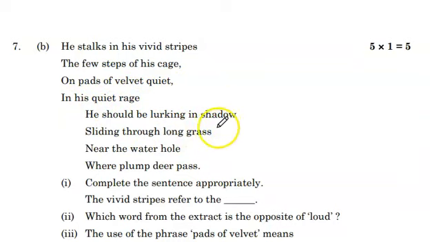He should be lurking in shadow, sliding through long grass near the water hole where plump deer pass." So this extract has been taken from A Tiger in the Zoo. I think both the poems are equally easy, but you can do any one.